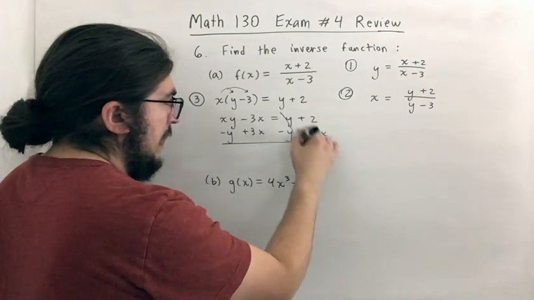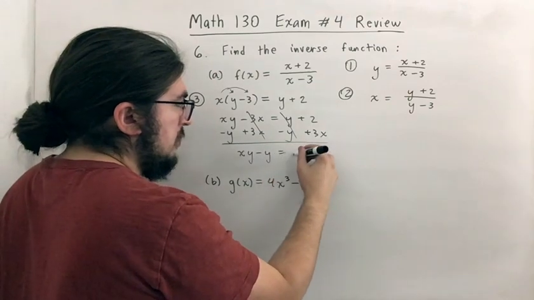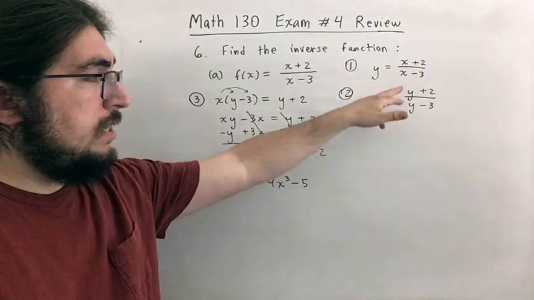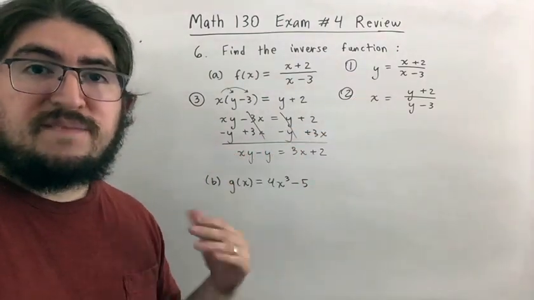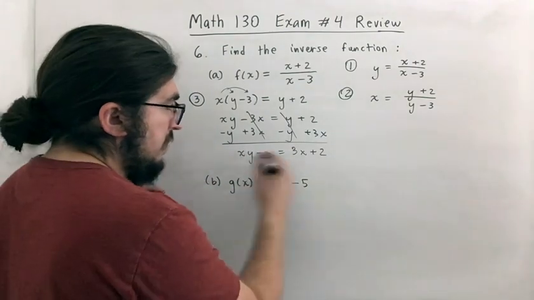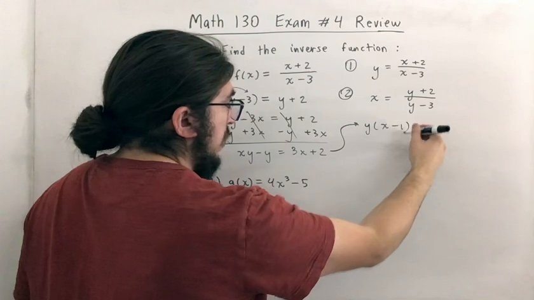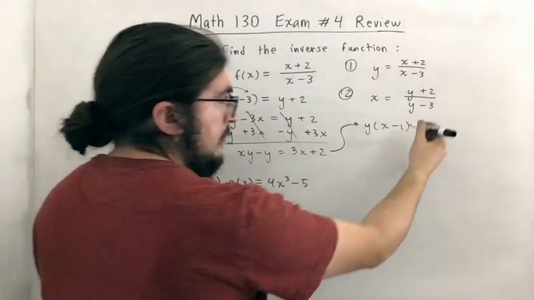So now, these cancel, so we get xy minus y is equal to 3x plus 2. So it may not seem like we've done anything, because here we had y in two locations, here we still have y in two separate terms, but factoring saves the day. Here we can factor the y out, and we get y times the quantity x minus 1. You can see if you distribute the y back in, you get xy minus y.